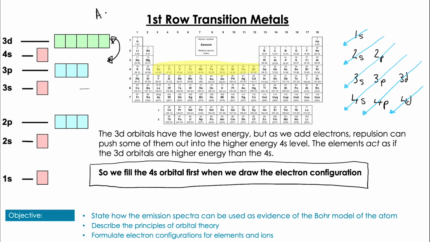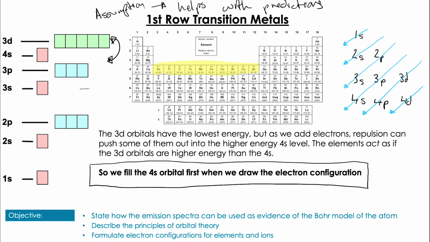Indeed, it's due to complicated interactions between the repulsion of the d orbitals when we add electrons to them, but that's not important. The best way for us to model it is to think of the 4s shell as having a lower energy than the 3d shell when we add electrons.